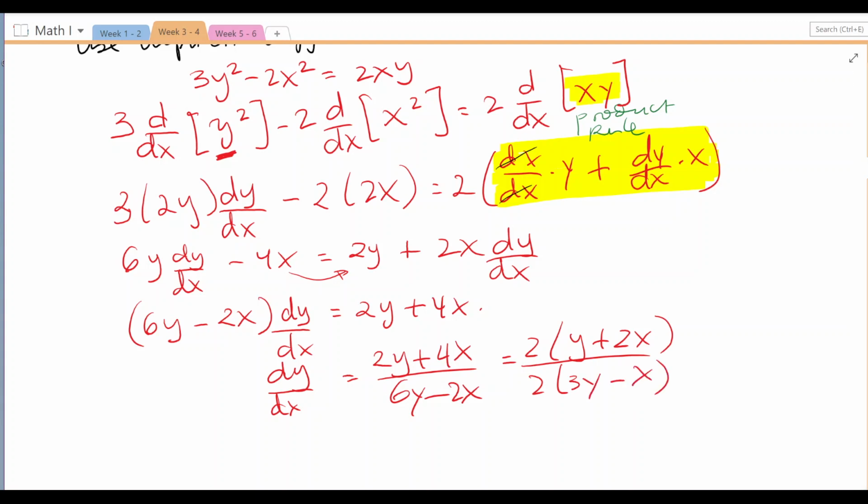Therefore we have a simpler answer of y plus 2x over 3y minus x as the final dy/dx.